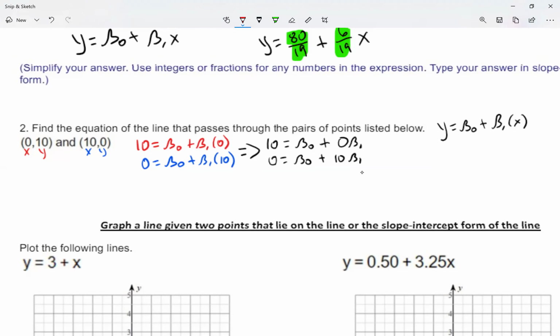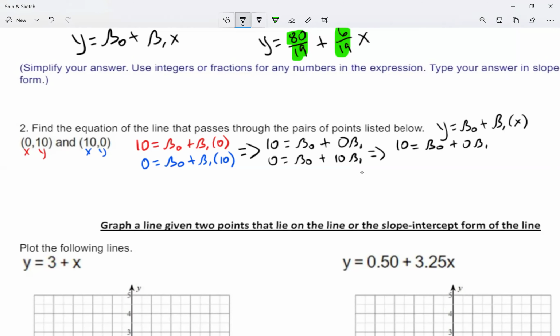So let me multiply everything in one of my equations by -1. Let me leave the top as 10 is equal to beta 0 plus 0 beta 1.